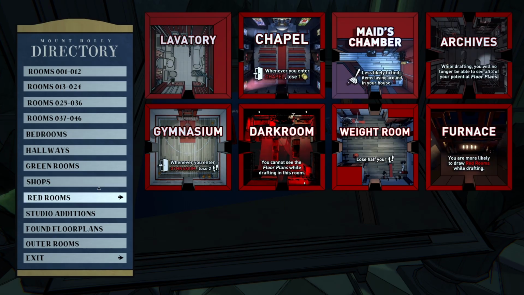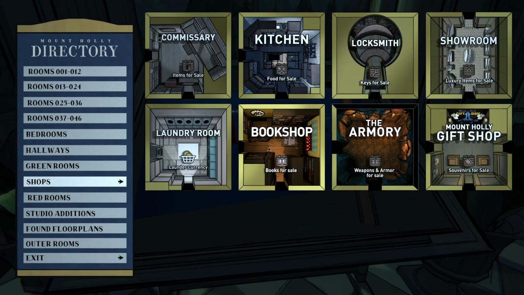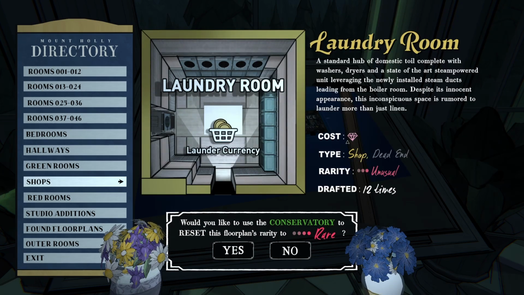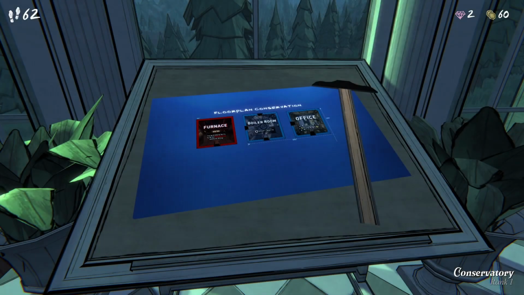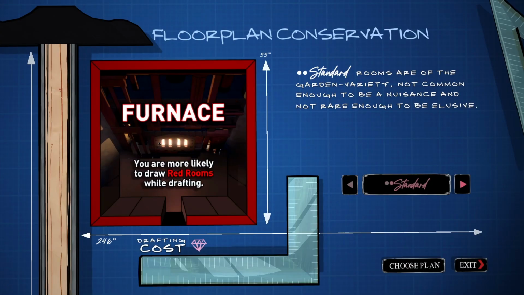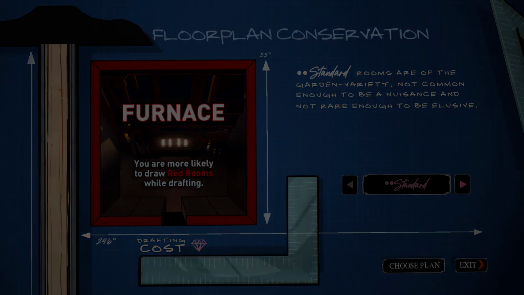Also, furnace has no cost. But it says it has a cost on here, which is weird. And it's reset again. Now it says it's got a drafting cost of 1.